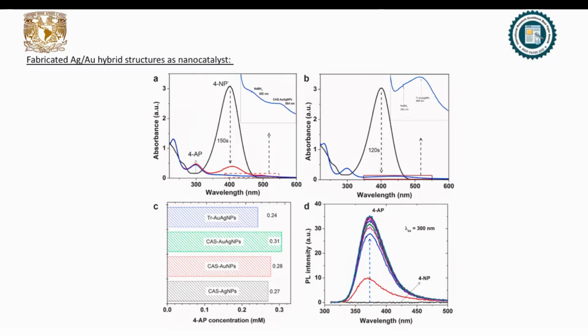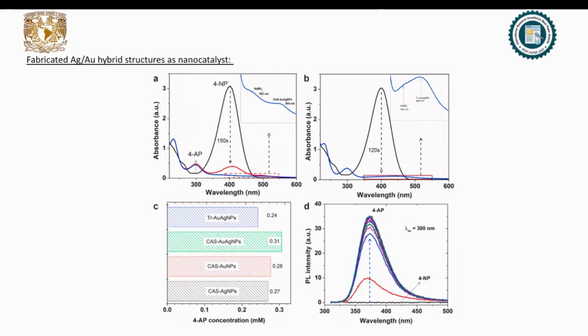Generally, 4-nitrophenol, or the phenolate ion, has its absorbance maximum at around 400 nanometers. When it starts to degrade, the intensity of the absorbance decreases, from high intensity to low intensity. At the same time, it is a beautiful reaction.